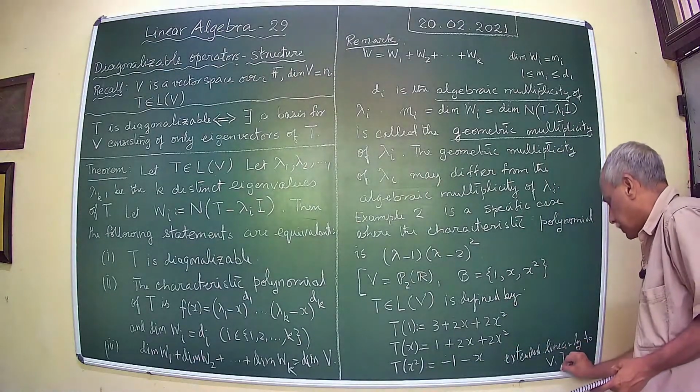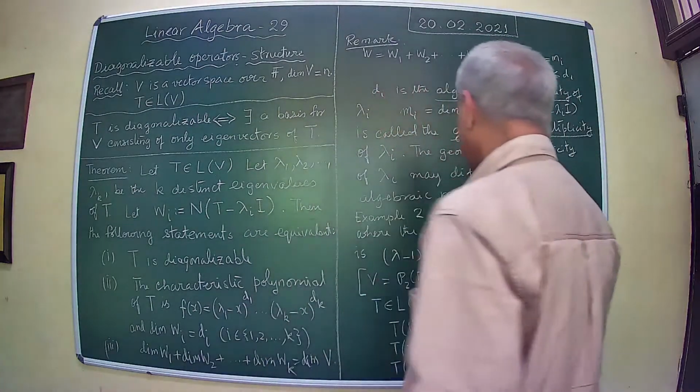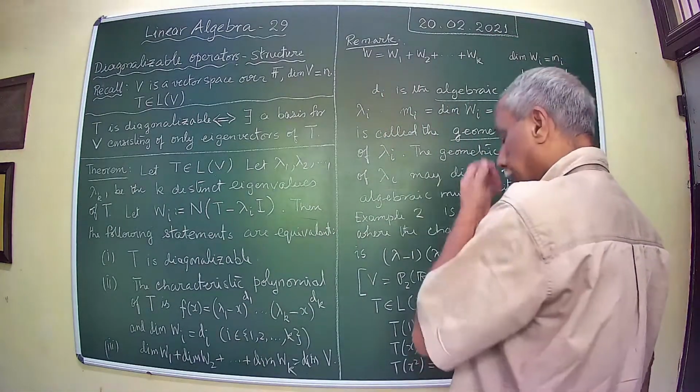This is the example, and there of course the characteristic polynomial is (lambda minus 1) into (lambda minus 2) whole square.